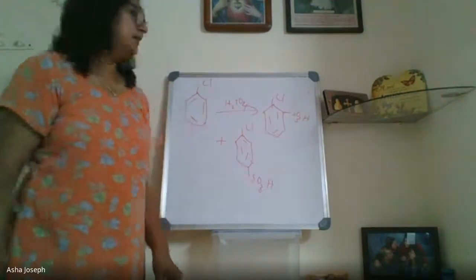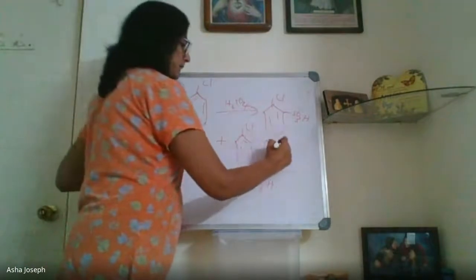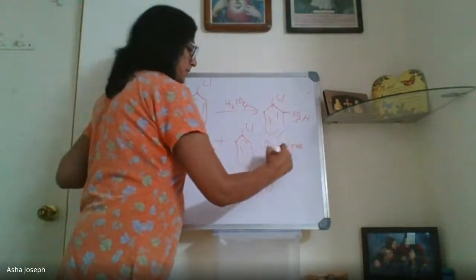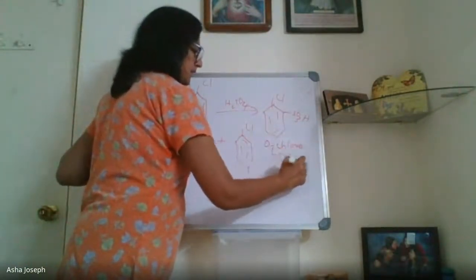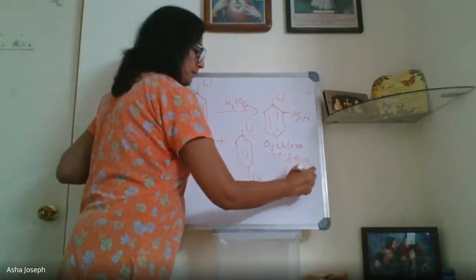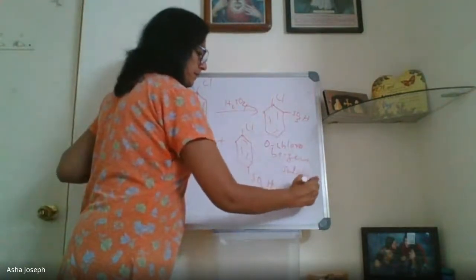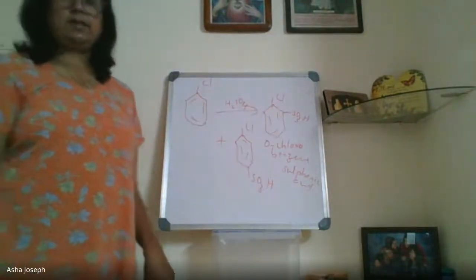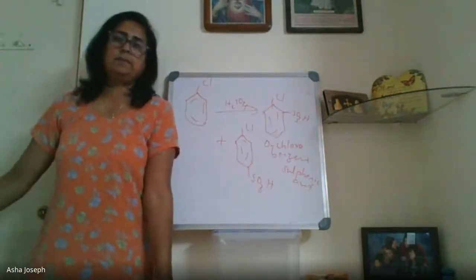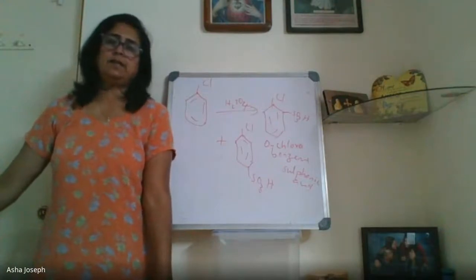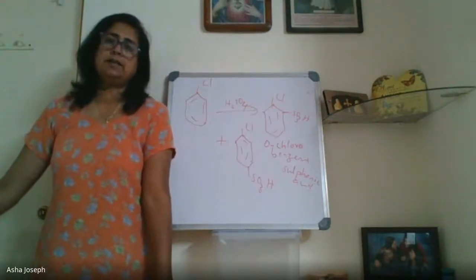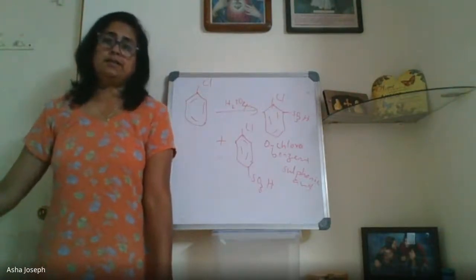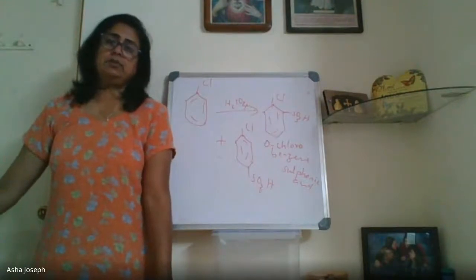So it is ortho-chlorobenzene sulfonic acid. This is para-chlorobenzene sulfonic acid. Is it okay? So when sulfonic acid comes alone, you will name it as benzene sulfonic acid and halogen will be, you give position as ortho or para.